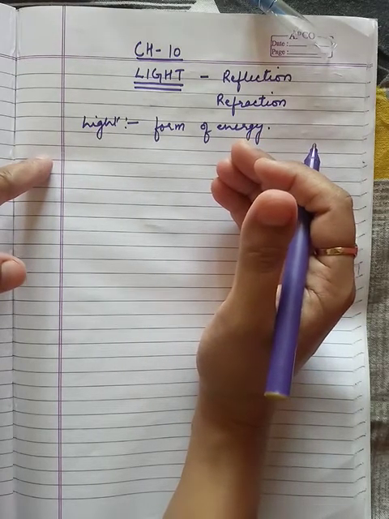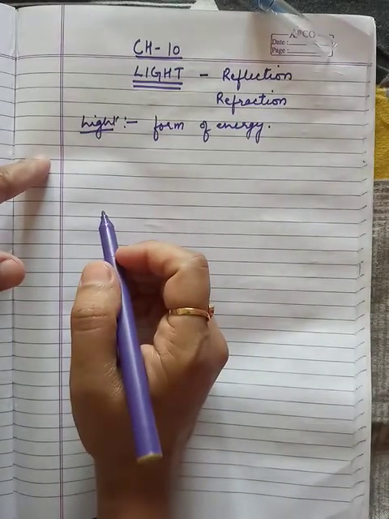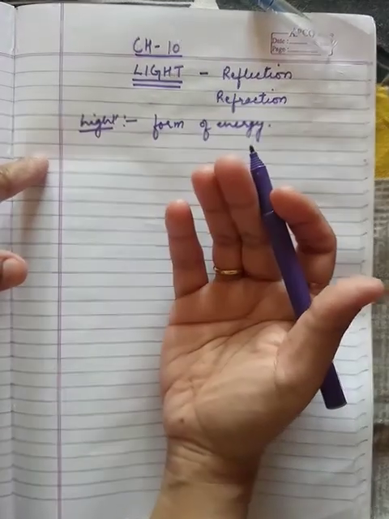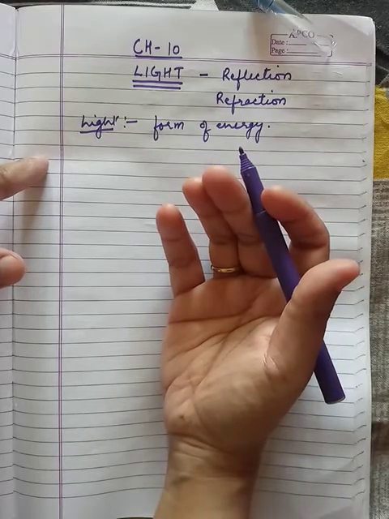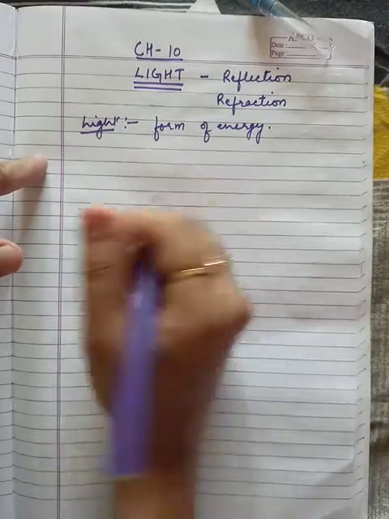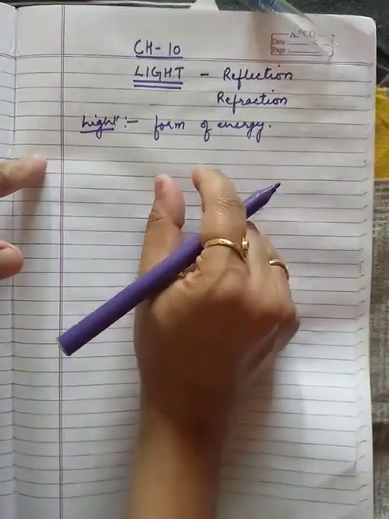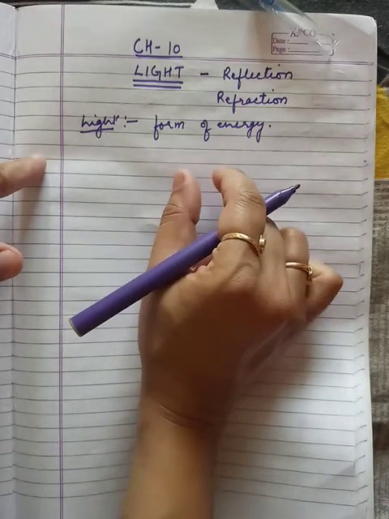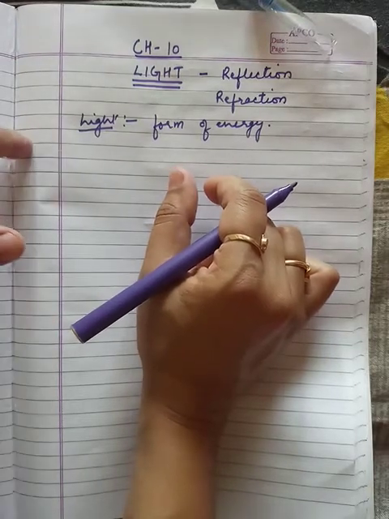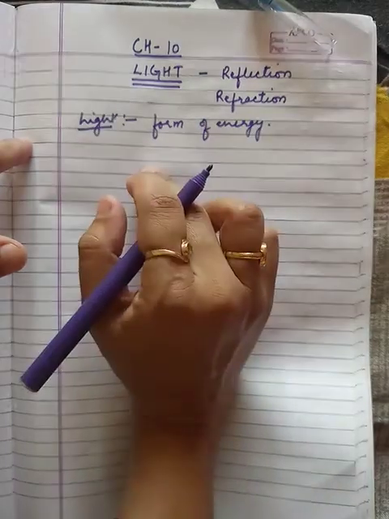In our daily life, it is very important to see things. If we are in a dark room without any light, or at night time, we cannot see things clearly. So light is very important for vision. Why? Because whenever light falls on any object, for example sunlight, it reflects and comes into our eyes.